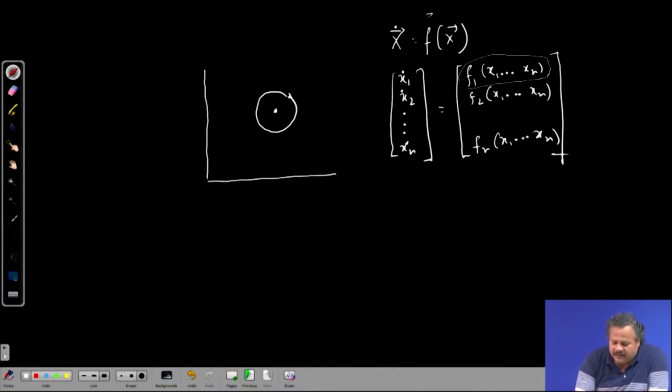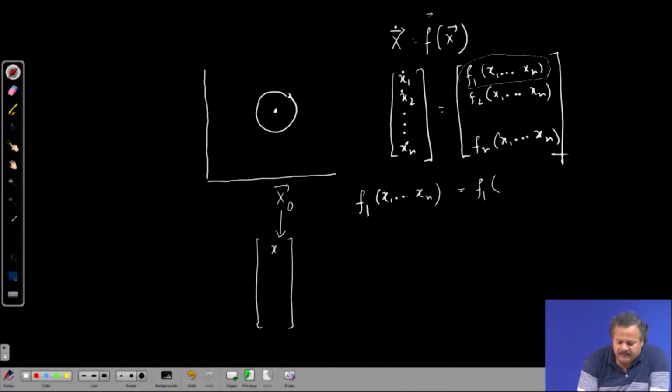If we use the Taylor series expansion, then for f1 of x1 up to xn, we will see that we have the 0th order term, which is f1 at, here we are evaluating it at the equilibrium point, which is, let us say, our x0, and this x0 as a vector is x10, x20 up to xn0.